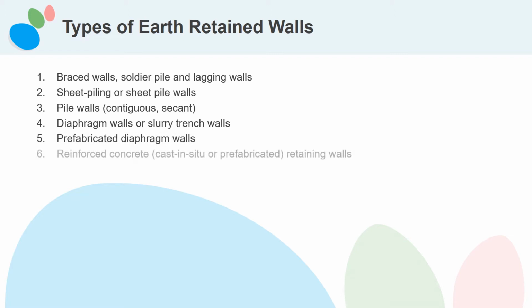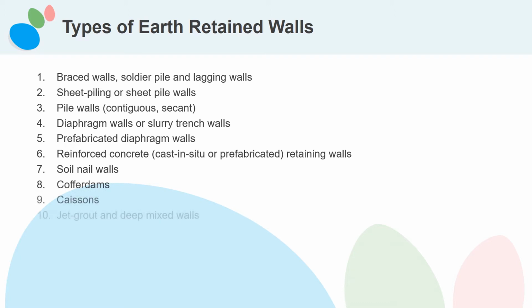Reinforced concrete, cast in situ or prefabricated, retaining walls. 7. Soil nail walls. 8. Coffer dams. 9. Caissons. 10. Jet grout and deep mixed walls. 11. Top-down construction. 12. Partial excavation or island method.